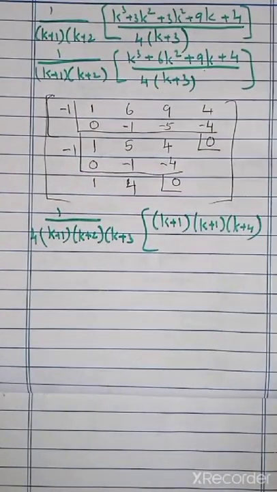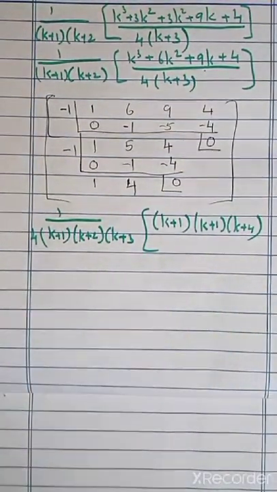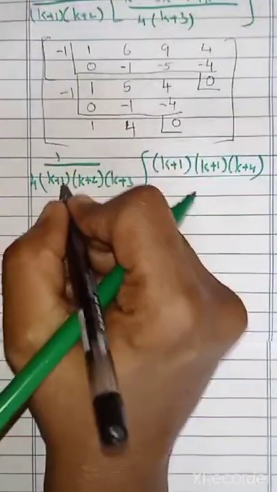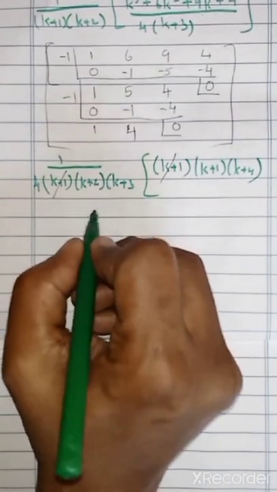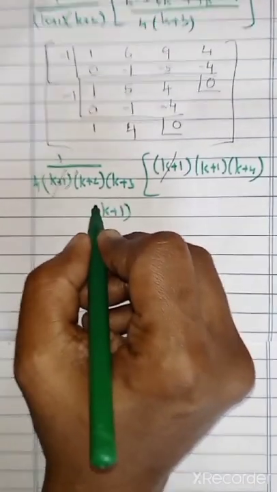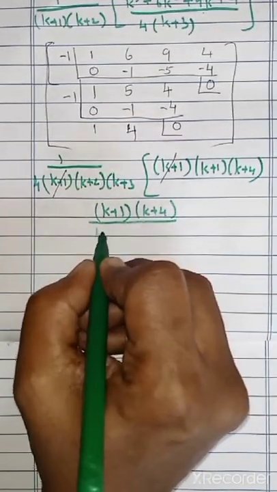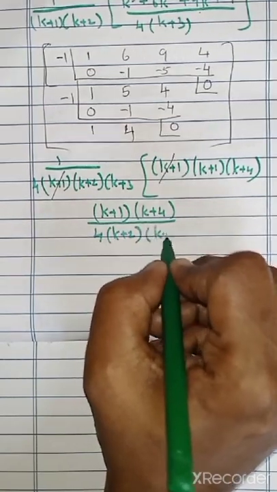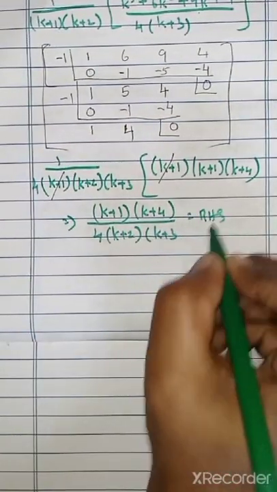Now we can cancel this (k plus 1) with (k plus 1). So what will be remaining? (k plus 1)(k plus 4) by 4 into (k plus 2)(k plus 3). Okay, that is your right hand side.